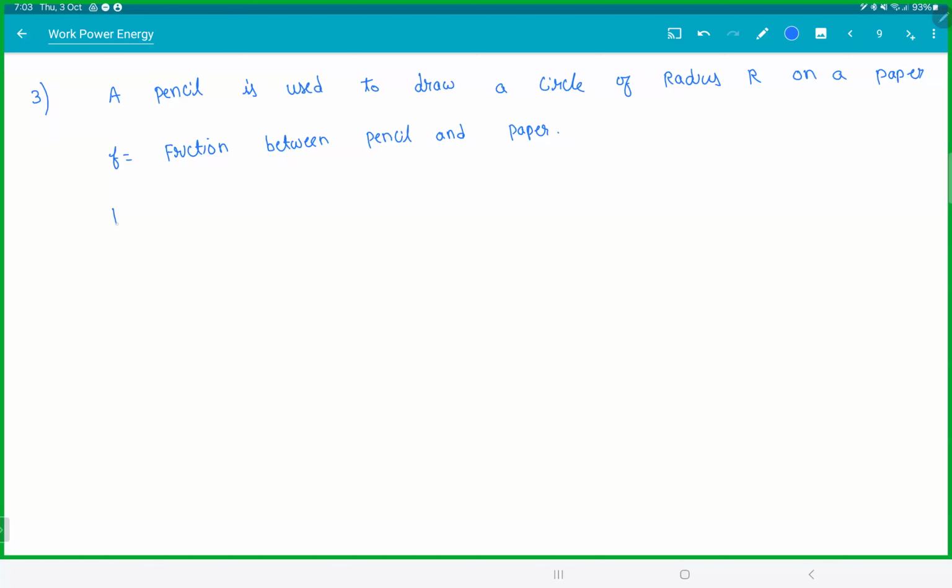So find work done by pencil on paper, and find work done by paper on pencil.